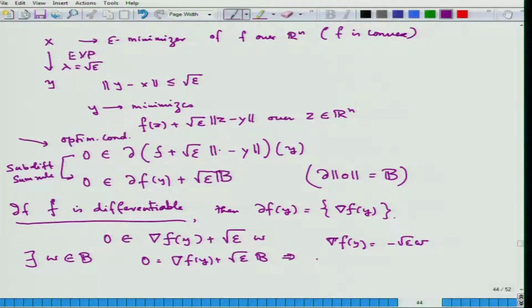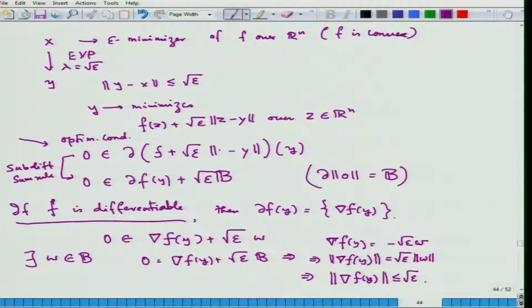So, this would imply that norm of grad f of y is equal to root epsilon times norm of w, which would imply that norm of grad f of y is less than or equal to root epsilon.